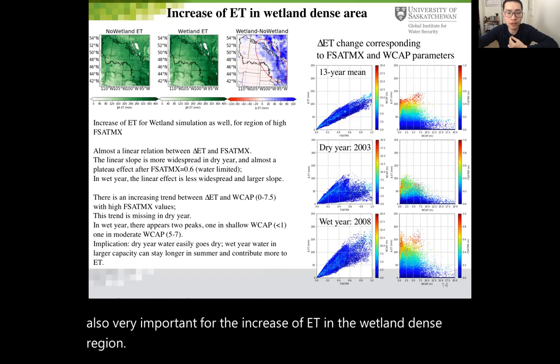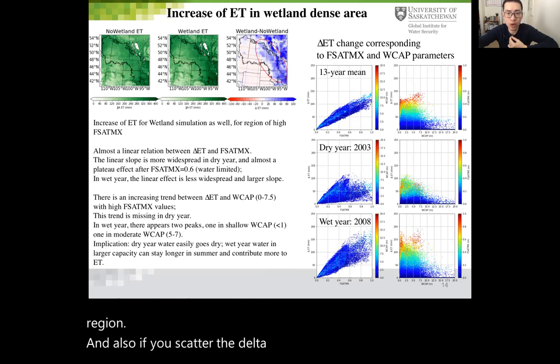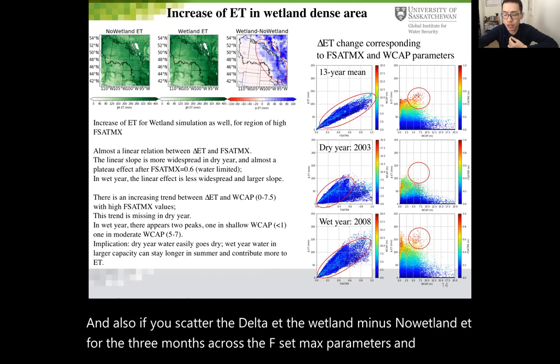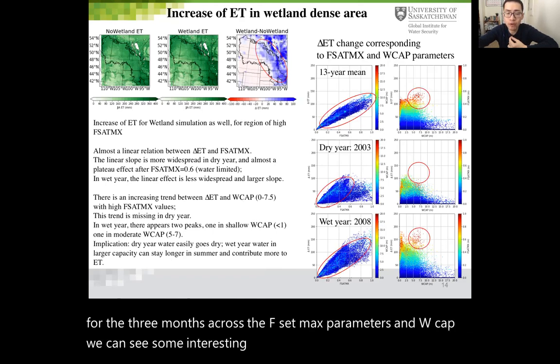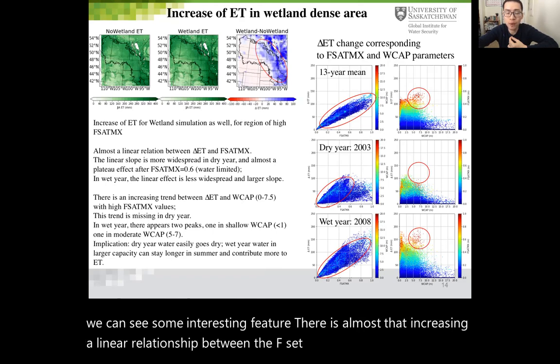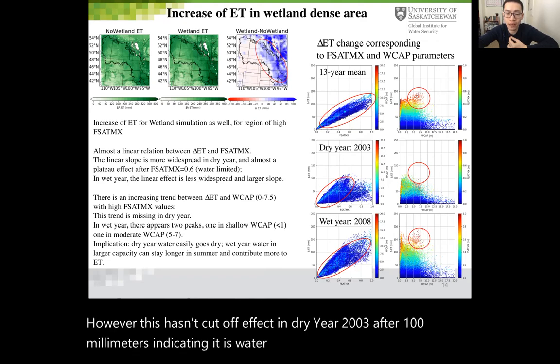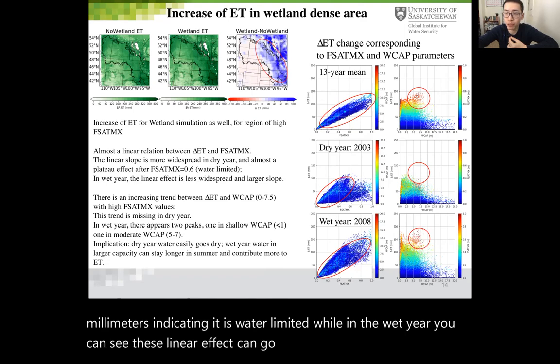Also, if you scatter the delta ET, the wetland minus no wetland ET for the 3 months, across the FSAT max parameter and WCAP, we can see some interesting features. There is almost a linear increasing relationship between FSAT max and delta ET. However, this has a cutoff effect in a dry year, 2003, after 100 millimeters, indicating it is water limited, while in the wet year this linear effect can go to about 200 millimeters.